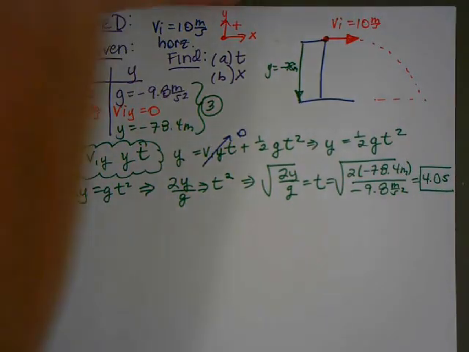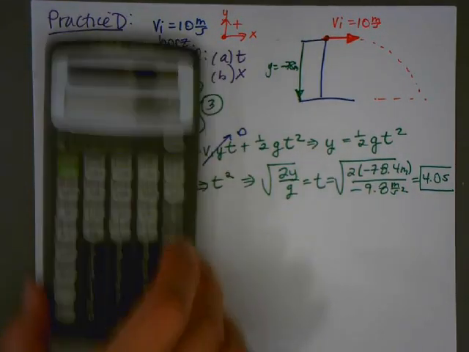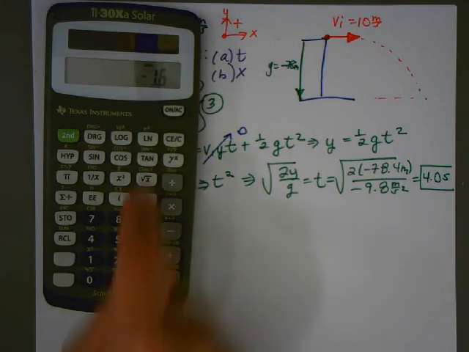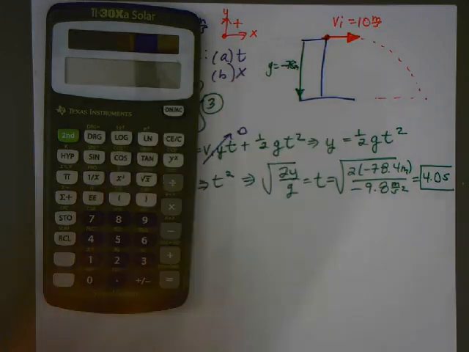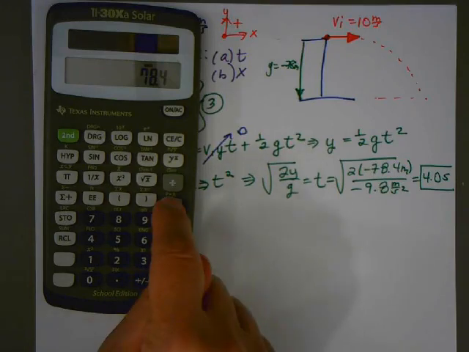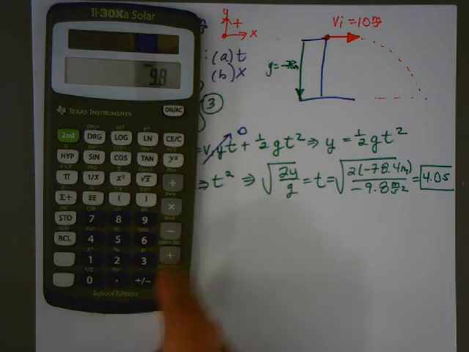If I look at it on my calculator, I would say 78.4 times 2 equals, divided by 9.8 equals, square root, and I get 4.